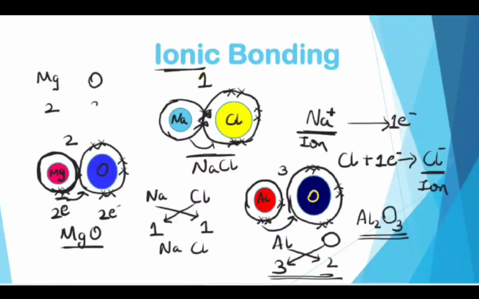Oxygen is willing to accept 2, so valency 2. So here the 2 and 2 cancel out, and that's the reason both become 1 and 1, and that's how you write magnesium oxide. Aluminium oxide, I explained. Let me give you a few more examples on this.